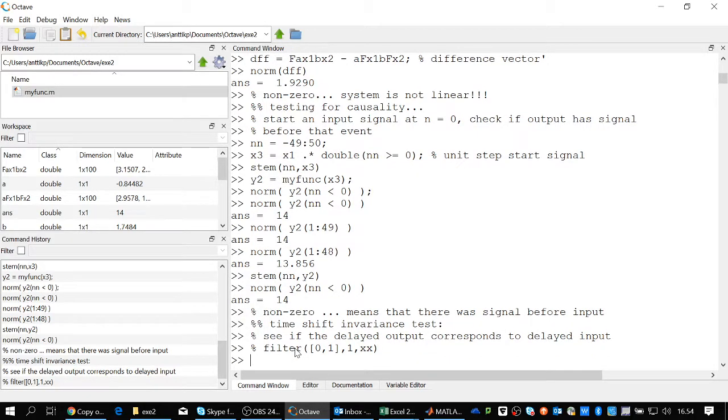It basically uses convolution to calculate it. We have, for example, x3 there as a test vector. It's just as good as any. We take the delayed x3 as filter 0, 0, 1, 1, x3.